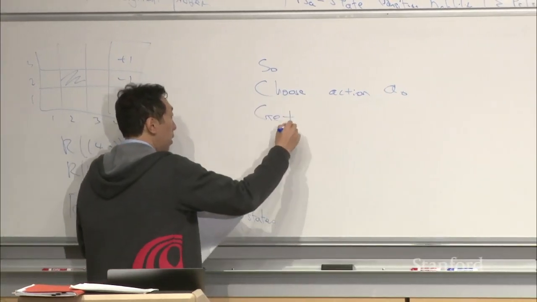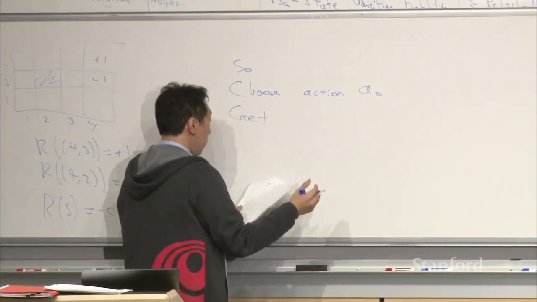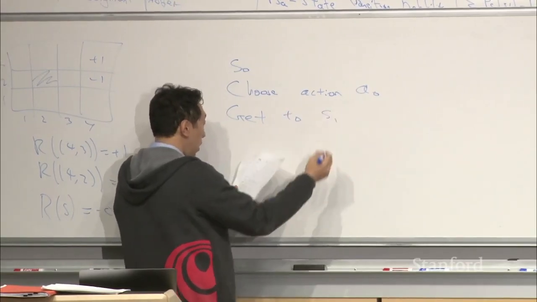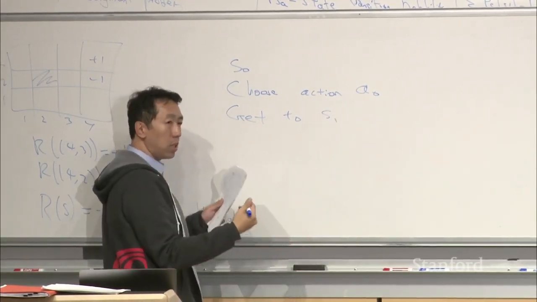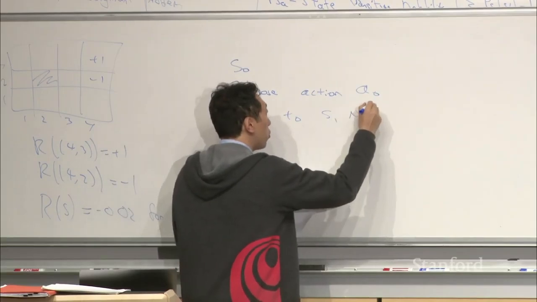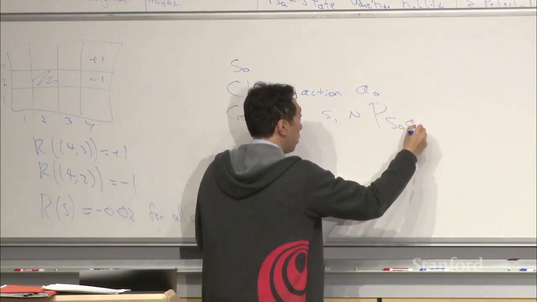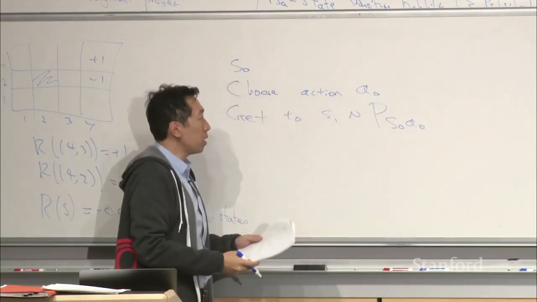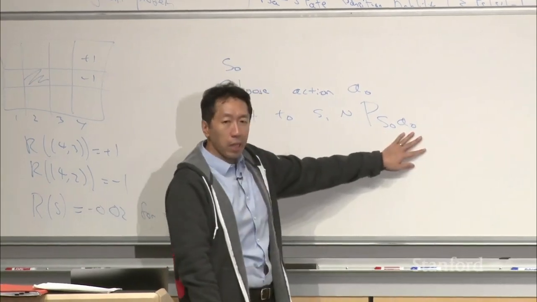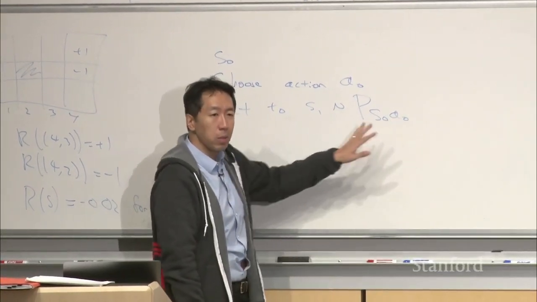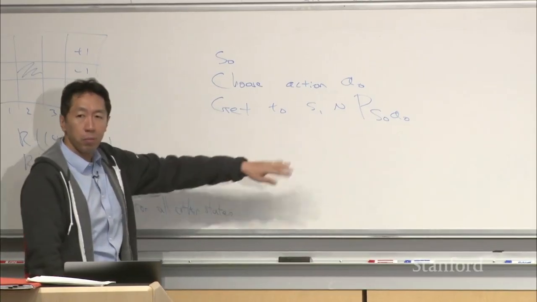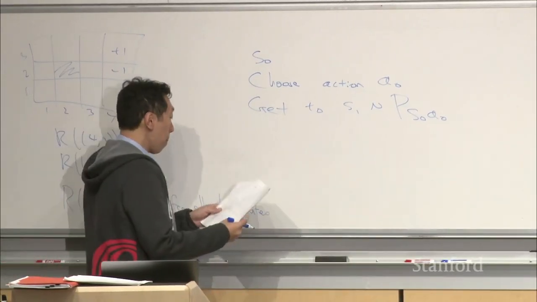Based on the action, the consequence of the choice is it will get to some state S1, the state at the next time step, which is distributed according to the state transition probabilities governed by the previous state and the action it chose. Right? So depending on what action it chooses, it has different chances of moving north, south, east, or west.